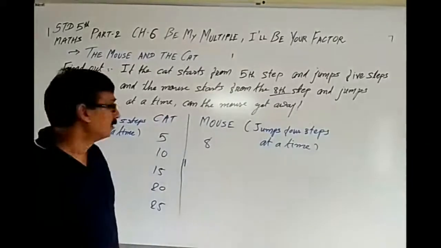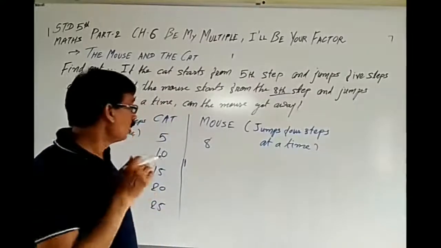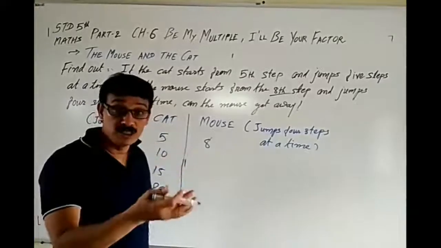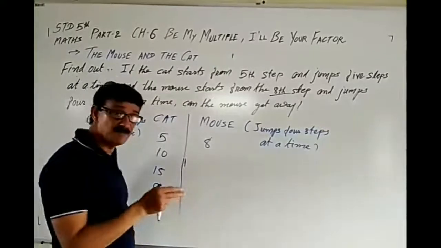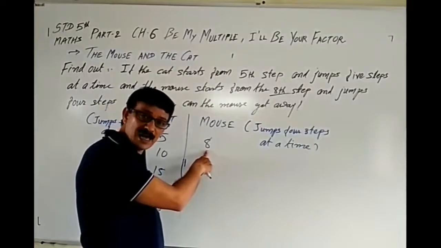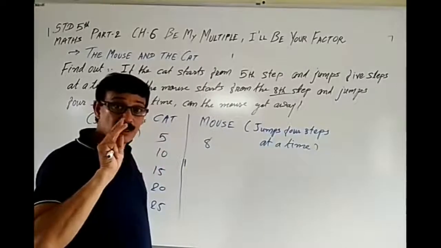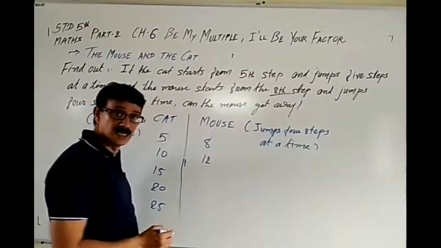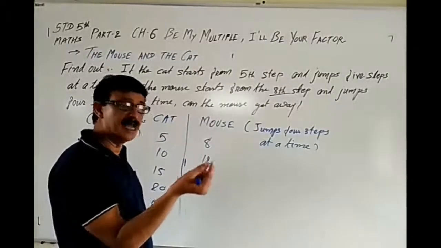In the same way, the mouse starts from step 8. The next 4th step after the 8th step will be 4 twos are 8. Then the next step, 4 threes are 12. You may add 8, then 9, 10, 11 and 12.